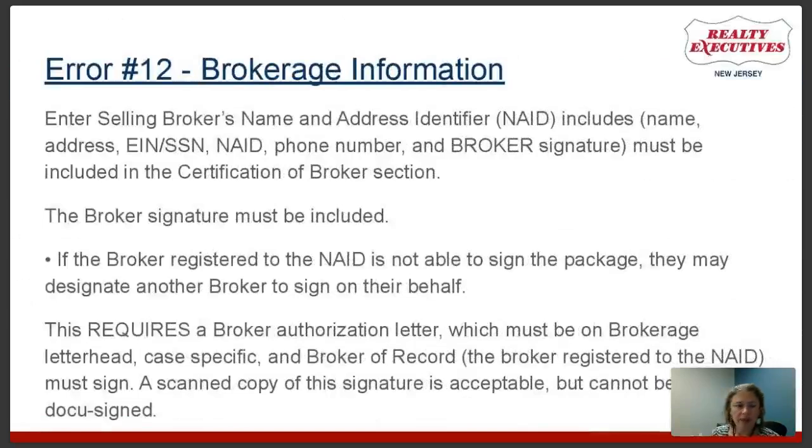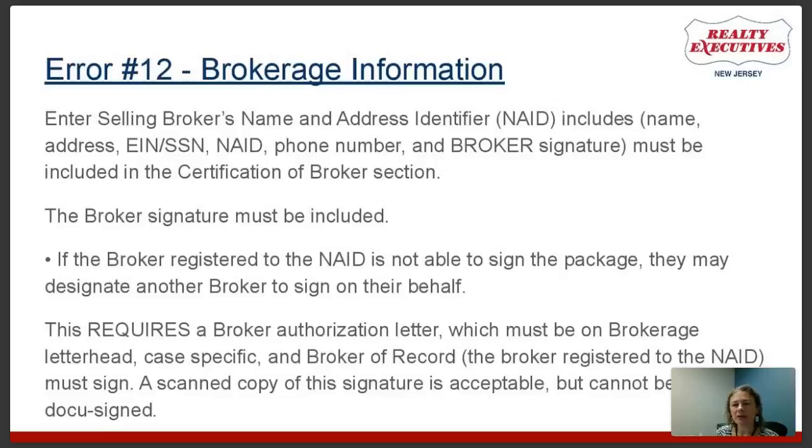Error number 12 is not being prepared with the NADE number. Every sales agent or broker that wants to write contracts for a HUD property must obtain a NADE number. That includes the name, address, EIN or Social Security number, the phone number of the company, and the broker's signature.